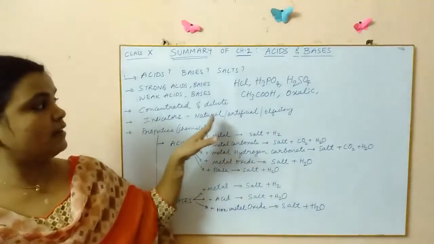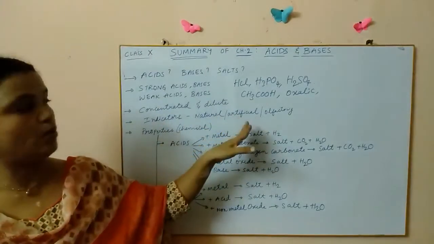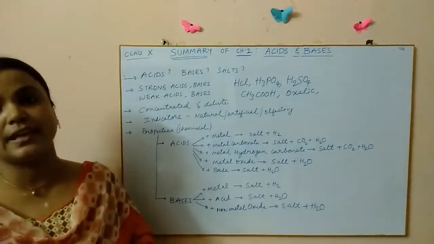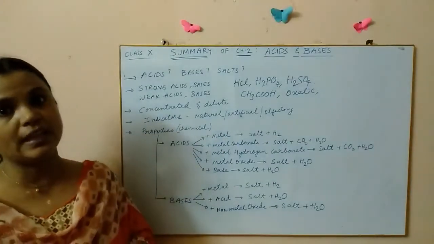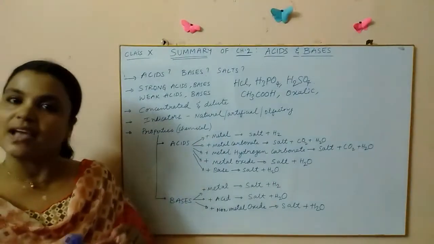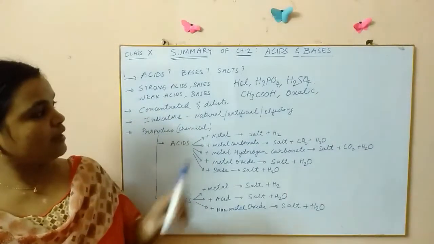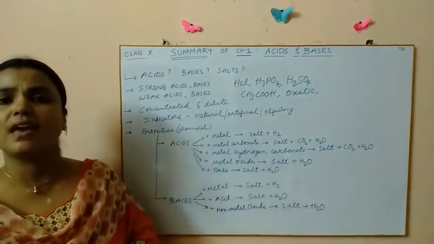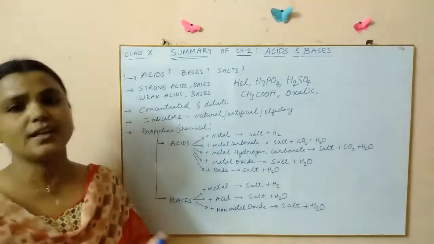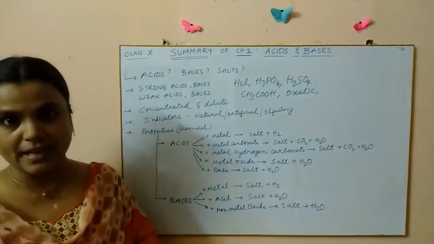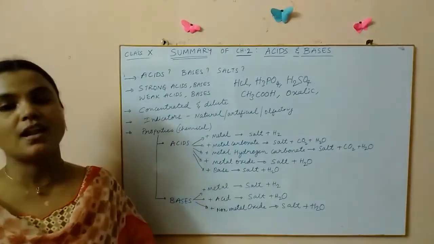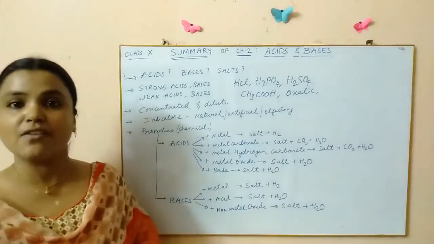We have one more, synthetic or artificial indicators also, like phenolphthalein and methyl orange indicators. What are indicators? These are the chemicals which give a different color in different media. Like in acidic media they give a different color, and in basic media they give a different color.